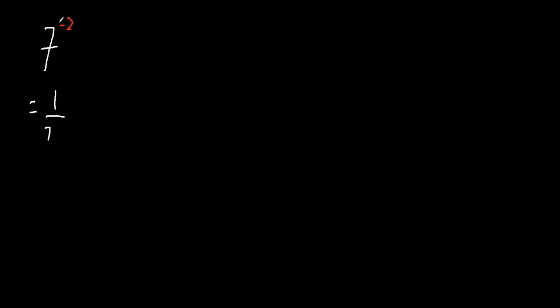Whatever our base is, here it's 7, we raise it to the same exponent, but this time it's going to be positive, so positive 2. So it's 1 over 7 squared, which gives us 1 over 7 times 7, and that gives us 1 over 49.